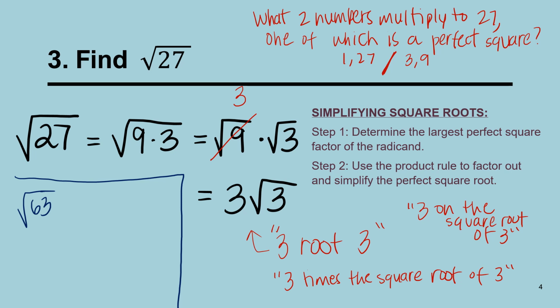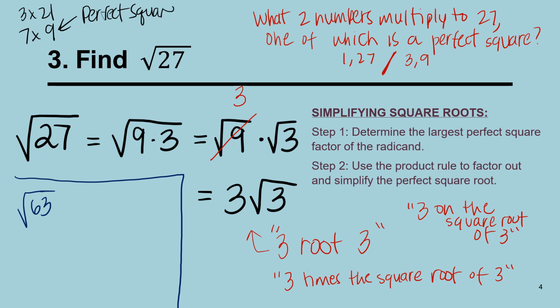I'm pretty sure 2 goes into that. 63 divided by 2, nope, it doesn't. 63 divided by 3 is 21. So 3 times 21, that doesn't really help us. 3 is not a perfect square, 21 is not a perfect square. Let's see, 4 does not go into it, 6 does not go into it, but 7 does, right? 63 is 7 times 9. 9 is a perfect square.